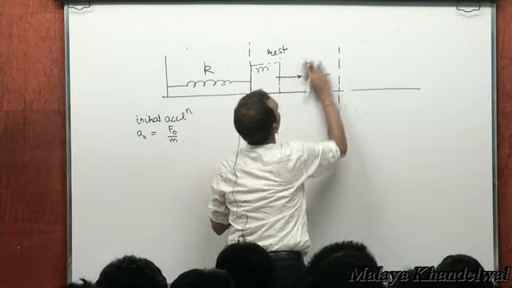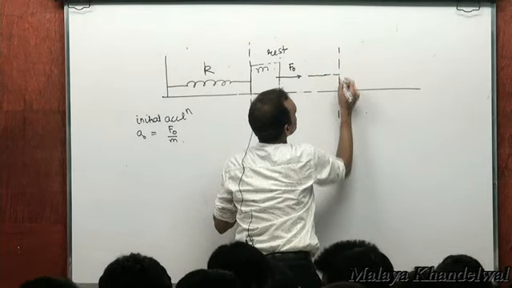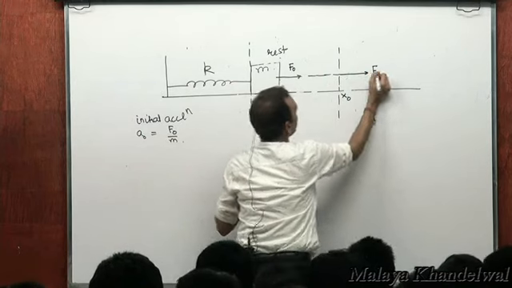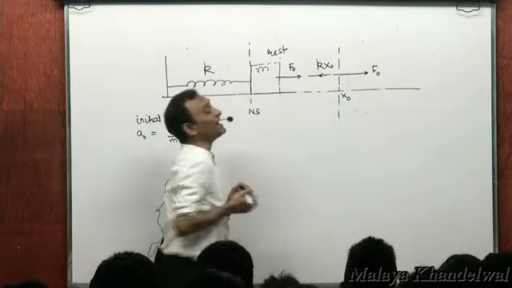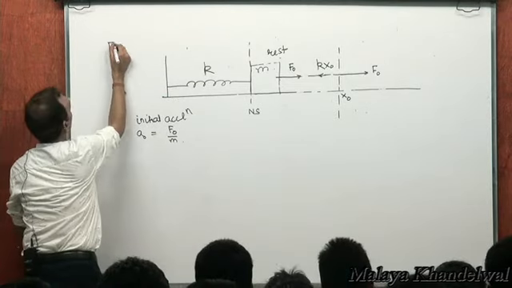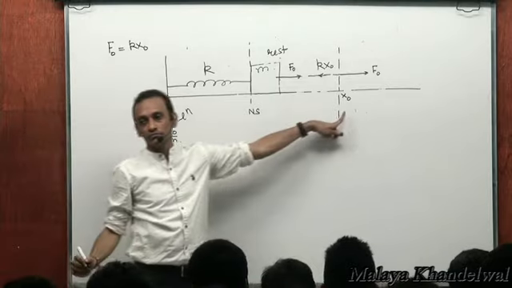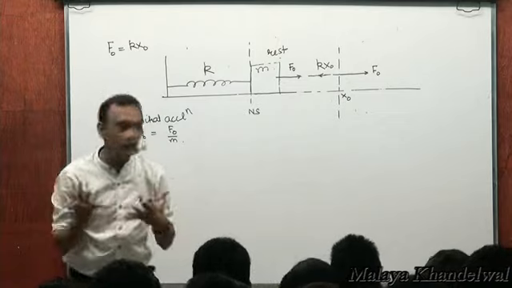And at that instant of time, say x equal to x naught, force F naught to the right, spring force becomes kx naught, such that the spring force is exactly balanced by the externally applied force. F naught is kx naught at this position. The net force is 0 in this position, therefore this should be looked upon as an equilibrium position.